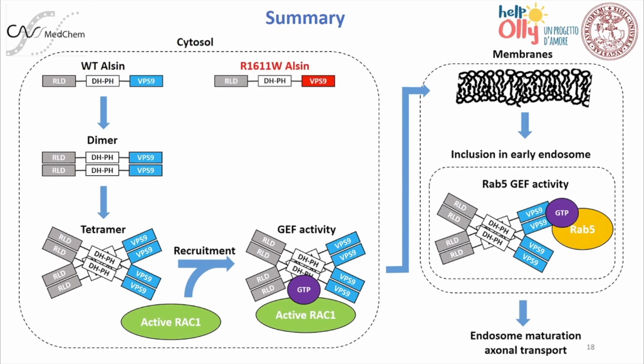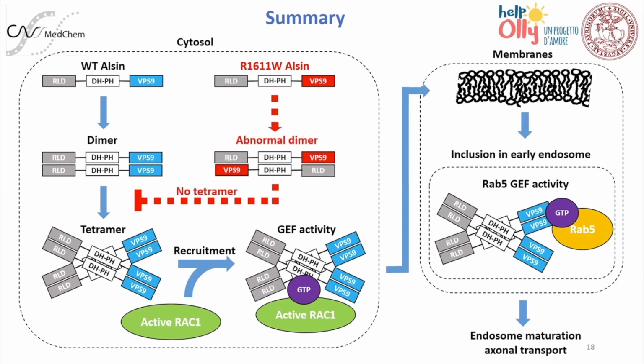We also demonstrated here that the mutated Alsin with the mutated VPS9 is abnormally dimerizing, impeding the further development of this process. What we have done with the screening is to individuate the drug candidate binding the mutated portion of the VPS9, displacing the aberrant dimerization, and supposedly re-establishing the physiologic function.